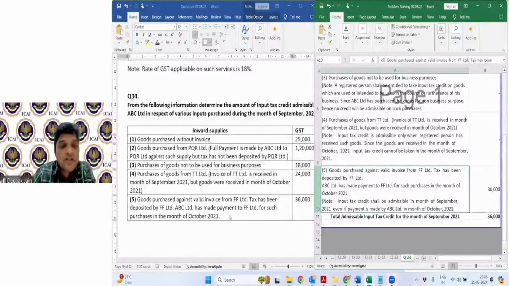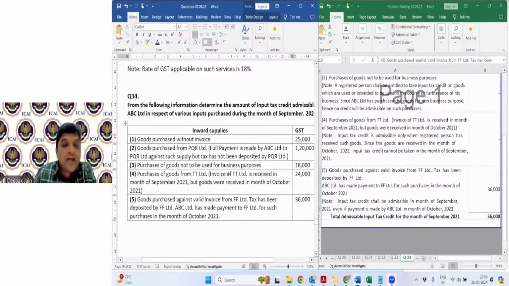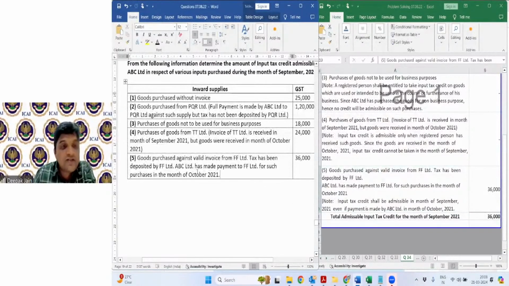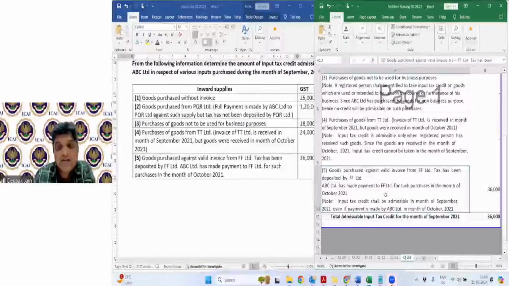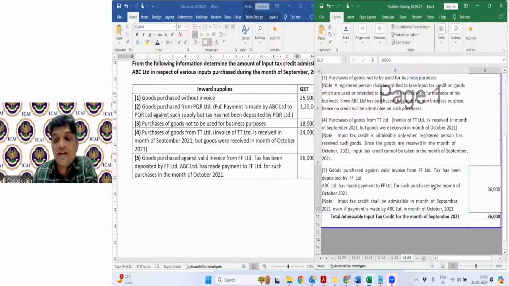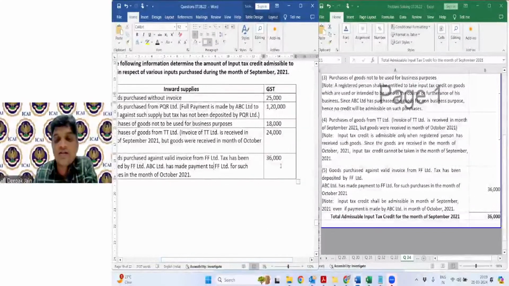Then goods purchased against valid invoice from FF Limited. Tax has been deposited. ABC Limited has made payment for such purchases in the month of October. Okay, सितंबर का इनवॉइस है, अक्टूबर में पे किया है, सो इसका क्रेडिट तो मिलेगा बिकॉज दिस सैटिस्फाइज ऑल द कंडीशंस. So the credit eligible will be only 36,000 for this month. कितने का परचेज किया है और क्रेडिट कितना मिलेगा? सिर्फ 36,000.